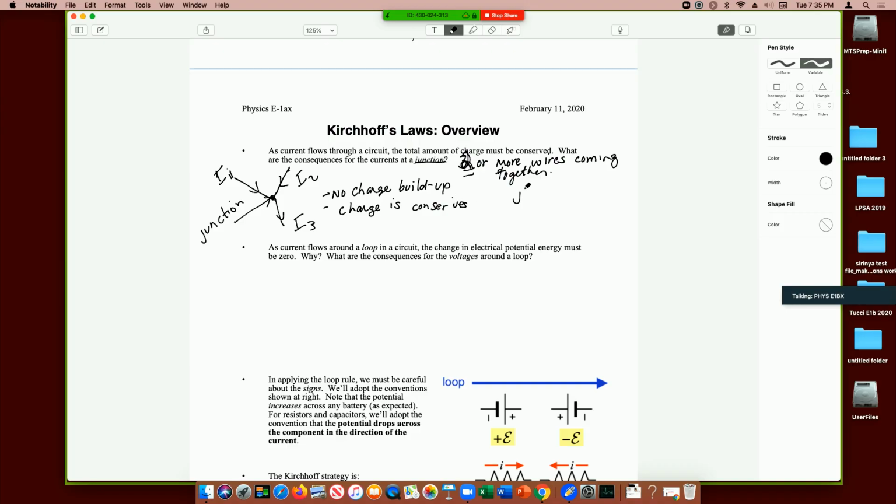So there's something called the junction rule, which is just that the sum of the currents coming in has to equal the sum of the currents going out.